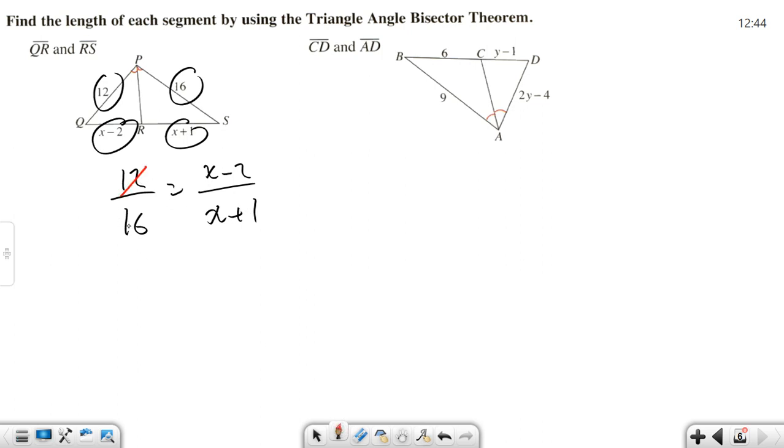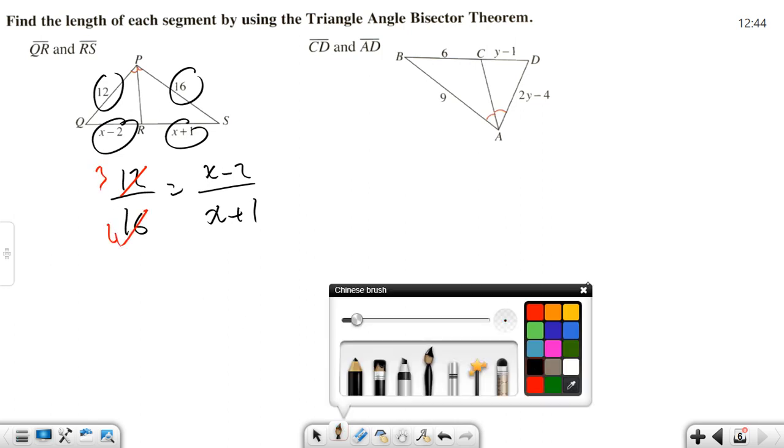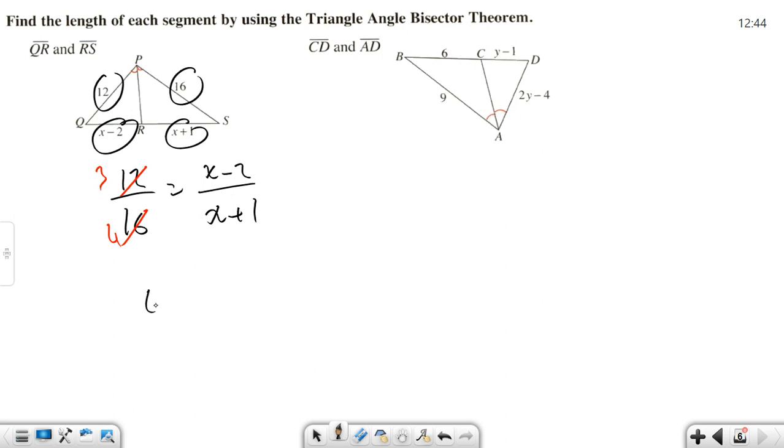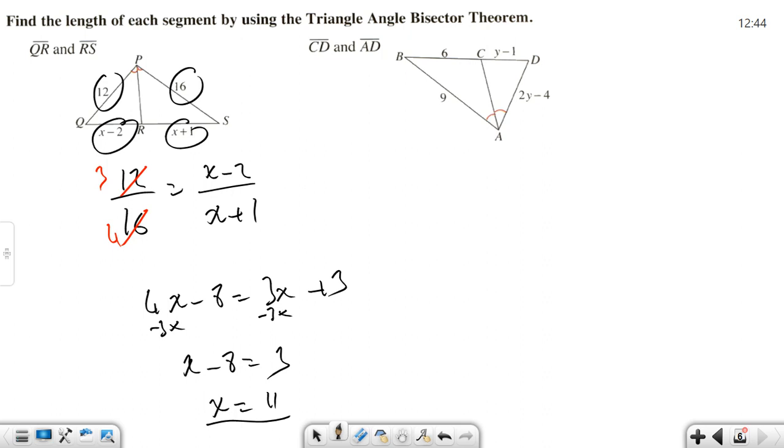As a fraction, we can simplify by 4, it becomes 3 over 4. Now let's cross multiply. 4X minus 8 is equal to 3X plus 3. Subtract 3X from both sides. Only X minus 8 equal 3, X equal 11. So we found the value of X.